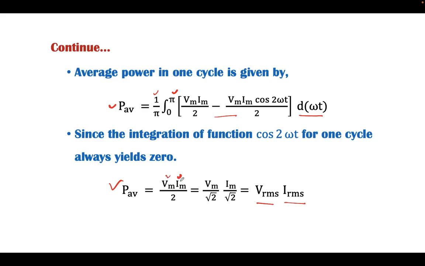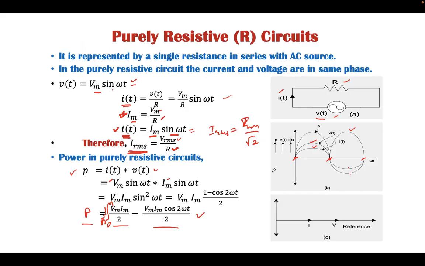Because of Vm into Im, the rest component, the cos of 2 omega t term, will become 0, and then we have Vm into Im divided by 2. Dividing this into root 2 and root 2, it will be Vrms into Irms.